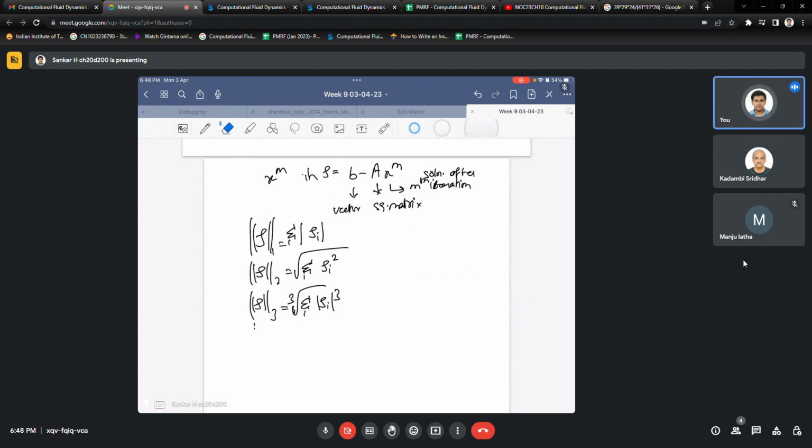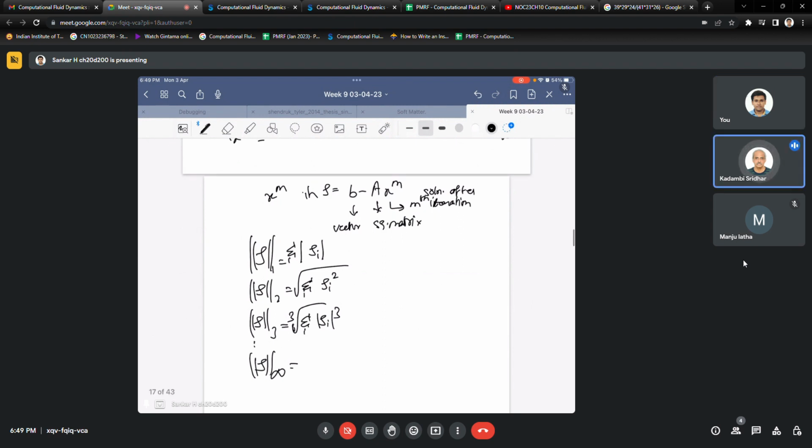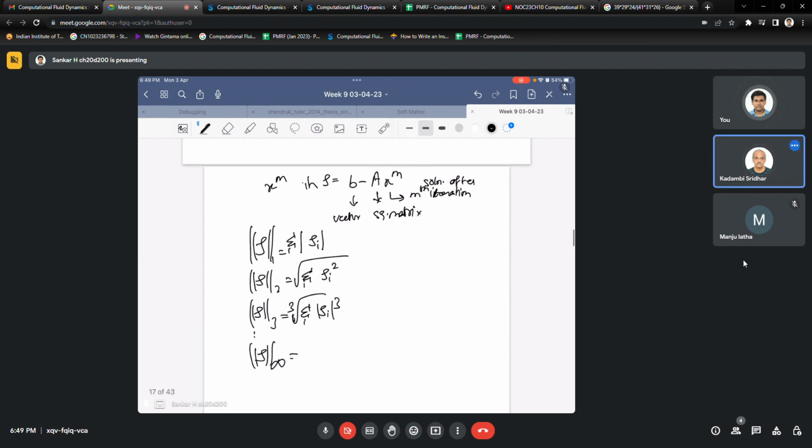I have to ask the audience, what would a norm of infinite value be? No, it won't be 0. See, suppose I have the vector 1, minus 2, 3. The first norm, the sum of absolute values, will be 6.